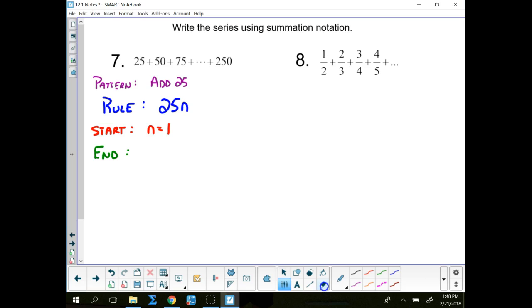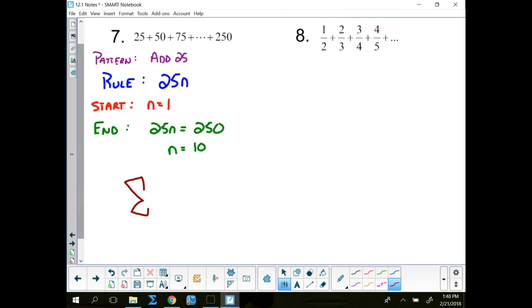I need my rule, 25n, to equal my last term, which is 250. So n here is 10. So to put that all into sigma notation, sigma is going to go from n equals 1 to n equals 10, and the rule it's going to go by is 25n.